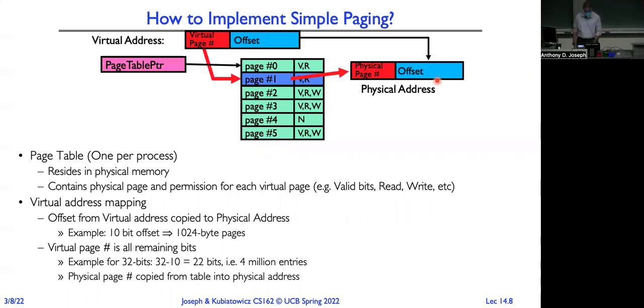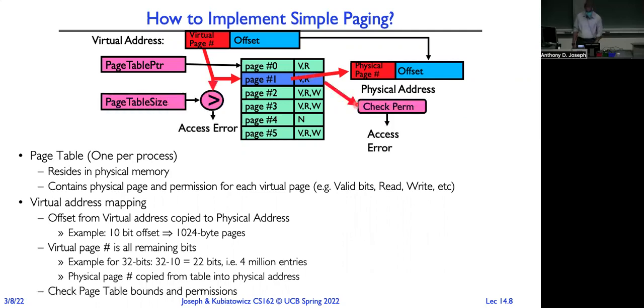Now, of course, we always have to do lots of checking. I'll say it again, don't forget to do checking. It might show up on the midterm or something like that. You want to make sure that the entry that is being referenced is actually valid. Both it's a valid entry and also for the access mode that the processor is using. Okay, so like for example, this page here is a read-only page. So we want to make sure that the access is like an instruction fetch or a load and not a store.